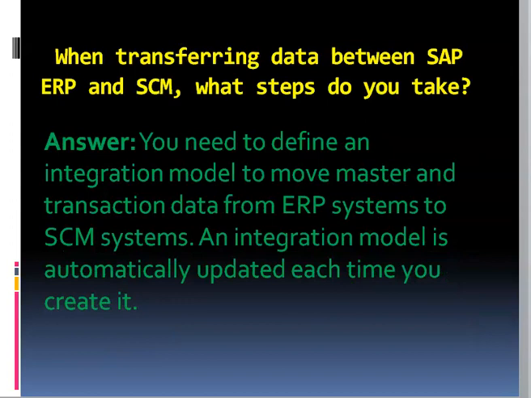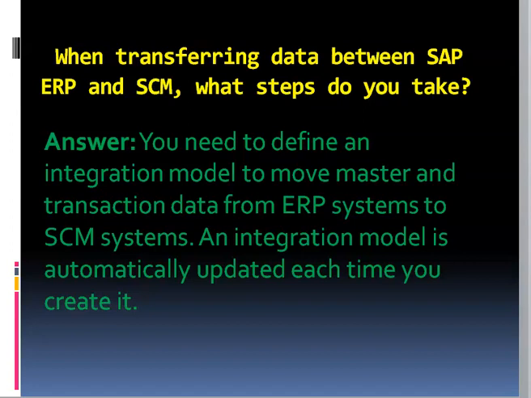When transferring data between SAP ERP and SCM, what steps do you take? Answer: You need to define an integration model to move master and transaction data from ERP systems to SCM systems.